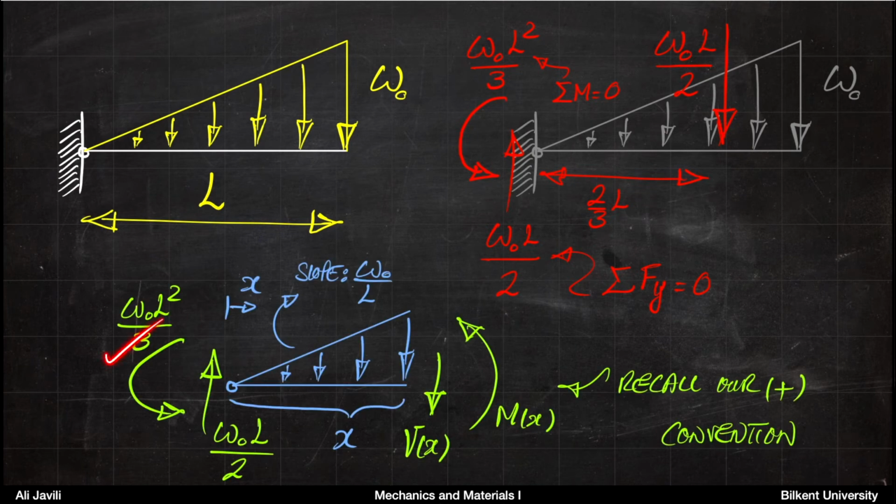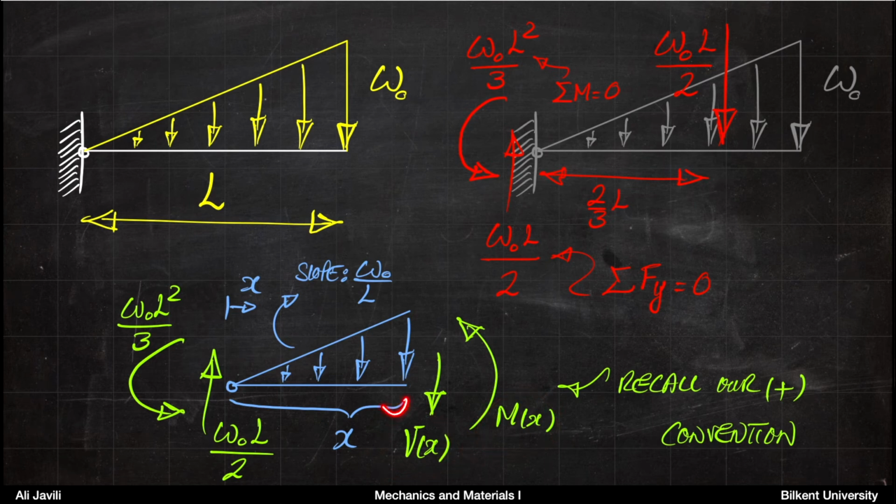Okay, so once you have the reactions from the support, you can now cut the member at the distance x, so somewhere here, and for that portion, you can also write equilibrium, and then from that equilibrium, you can calculate the shear force and moment.